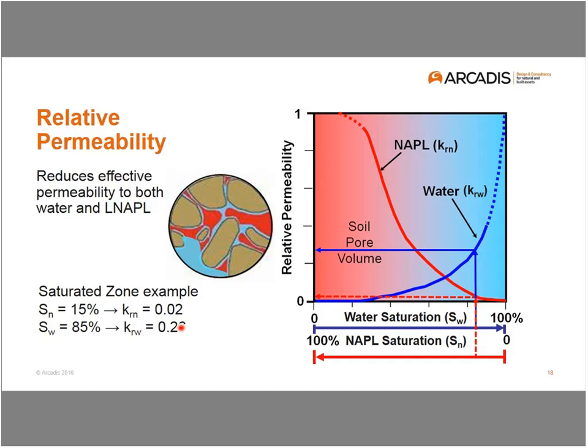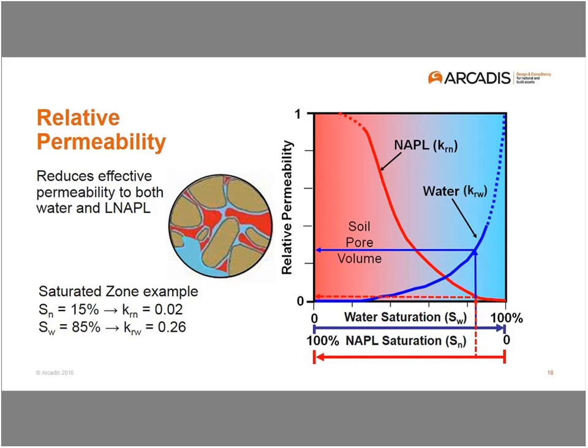And I want to say that this is not a universal relative permeability curve that I'm showing here. Each soil has its own relative permeability curve. There's lots of research and documentation that you can look into to figure out some characteristic relative permeabilities for different soil types, and you can also do testing to actually ascertain what those relative permeabilities are for a site-specific soil.